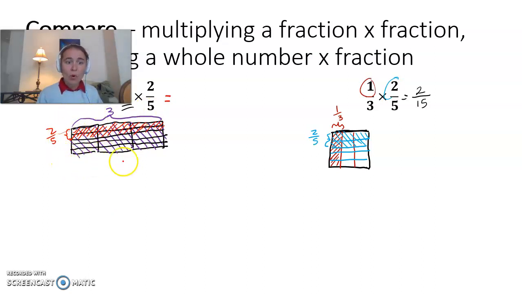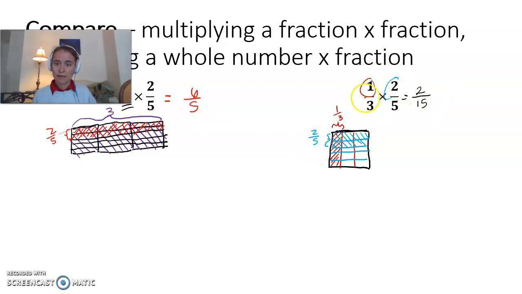And making up 1 whole is 5 pieces. Now I'm going to ask myself, how many of these 5ths are in my overlap area? I have 1, 2, 3, 4, 5, 6 5ths in my overlap area. So my product of 3 and 2/5 is 6/5.